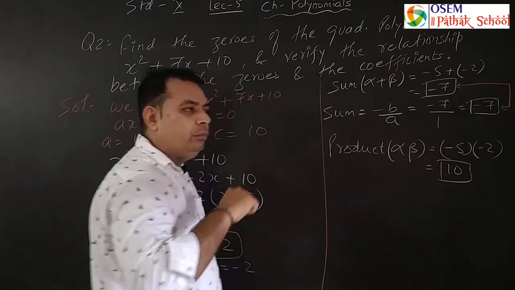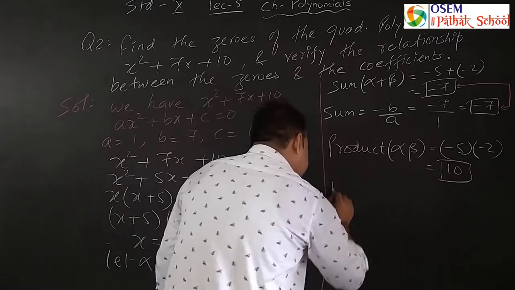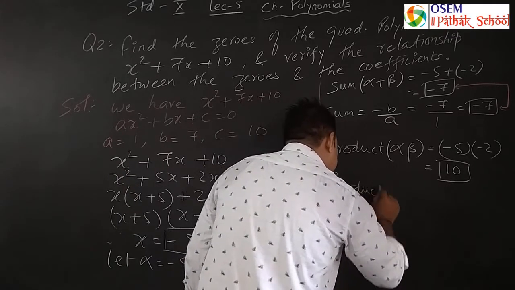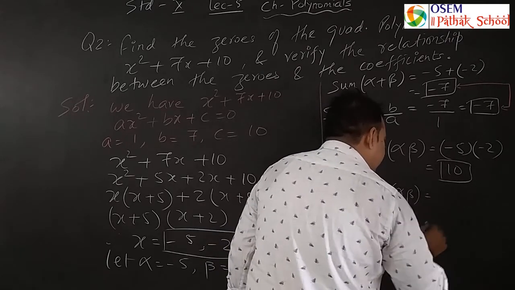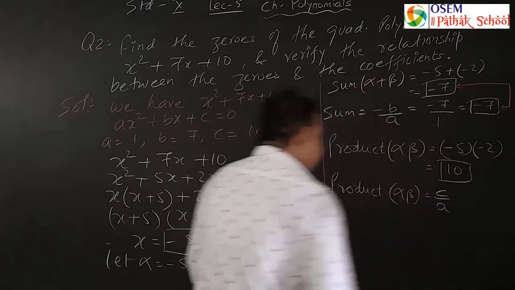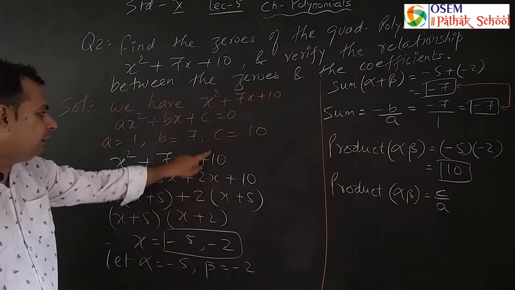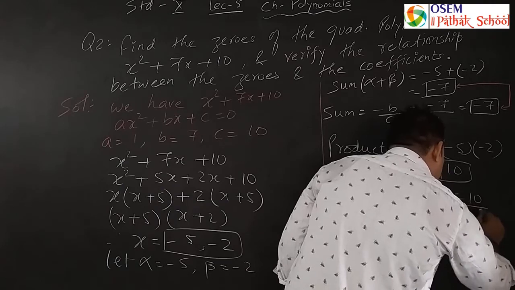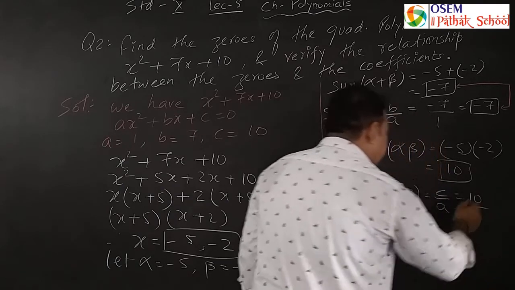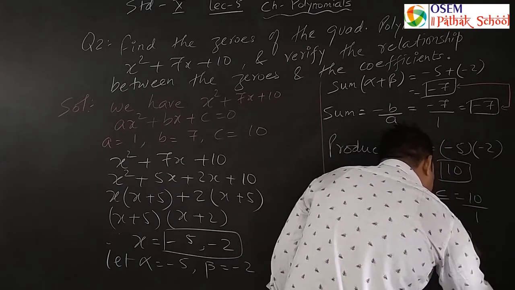Again we are seeing the formula: the product, alpha into beta, is c by a. What is the value of c over here? It is 10. So 10 upon a, whose value is 1, so you can see it is coming to 10.